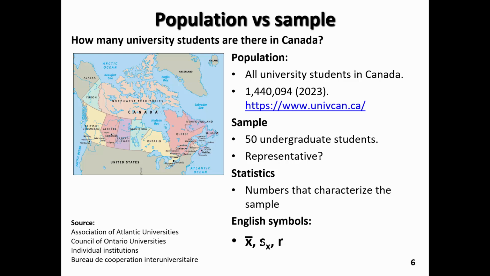We have lowercase s. Sometimes you see the subscript X, sometimes you don't. I'll be using that interchangeably throughout these videos. And we have the symbol r. So these 3 symbols are those that capture the sample statistics in the similar way that we saw on slide number 5 with the population parameters.